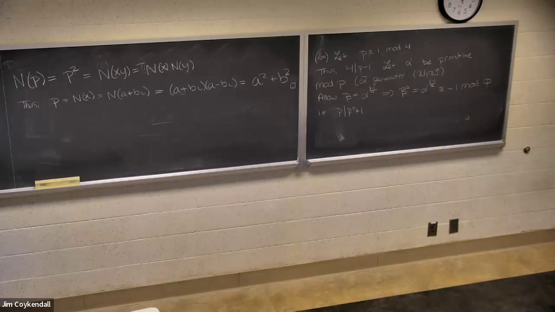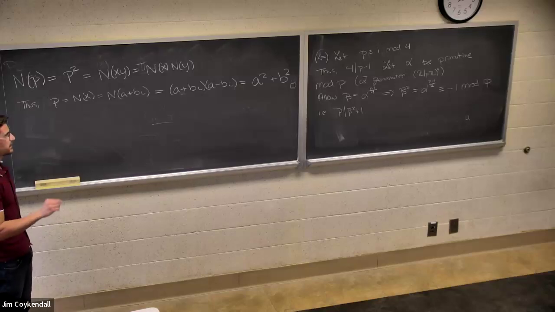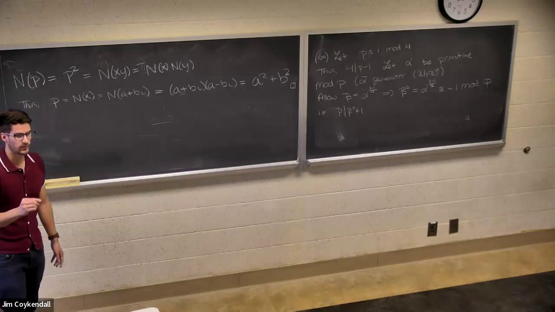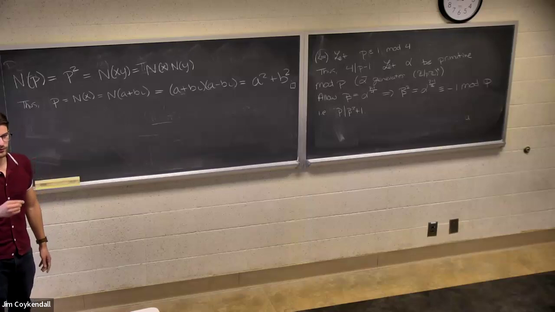So what happened? We turned a purely number theoretic question into a question about factorization in the Gaussian integers. So we could rewrite this as, instead of which primes are the sum of squares, it's which primes are reducible in the Gaussian integers. Those are actually precisely equivalent.